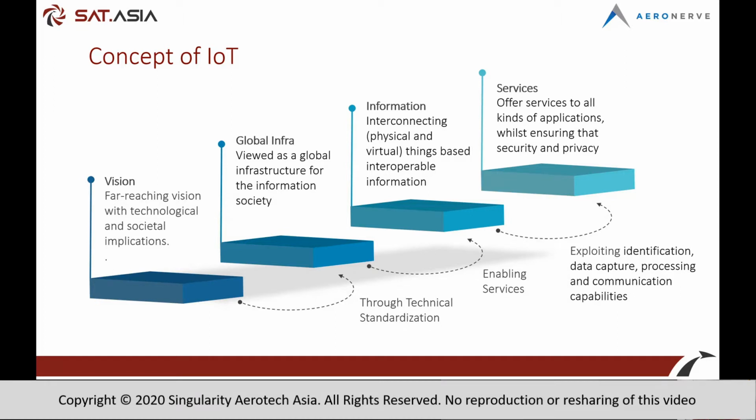And it's actually one of the key challenges that people today are having, to have one standard that everybody can relate to. Okay, and this standard creates a global infrastructure, and it is used for the information society. Information society is us, basically. Everybody that makes use of data, makes use of information every day.